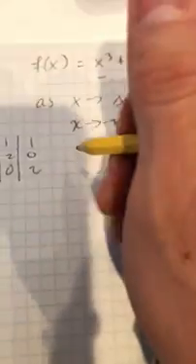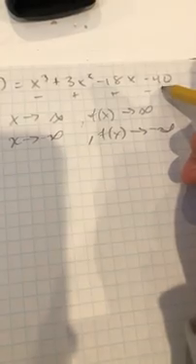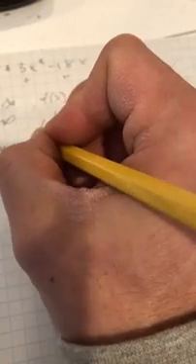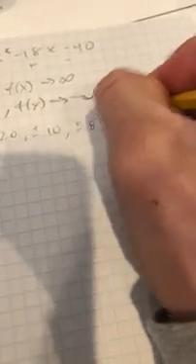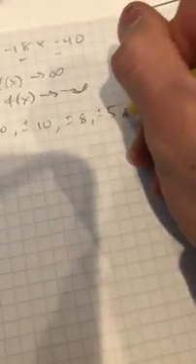So let's use rational root theorem to try and figure this out. I've got 1 as my leading coefficient and negative 40, or just 40 as my constant. So let's look at factors of 40. Factors of 1 are pretty easy. So I got 40, 20, 10, 8, 5, 4, 2, and 1.